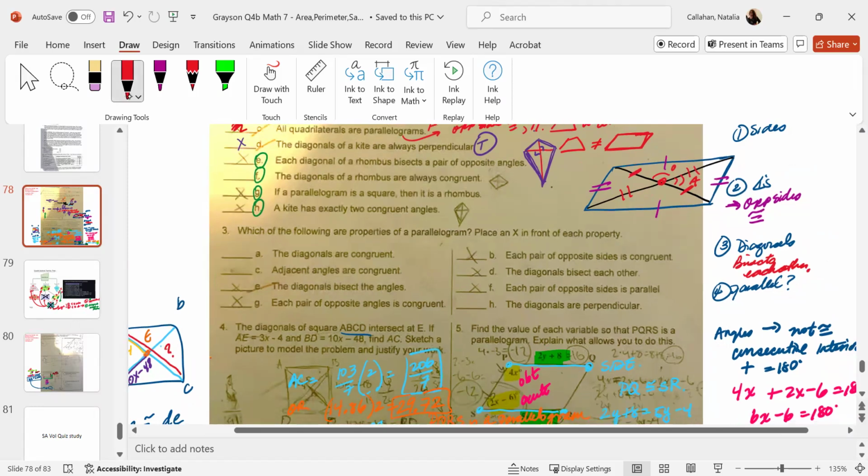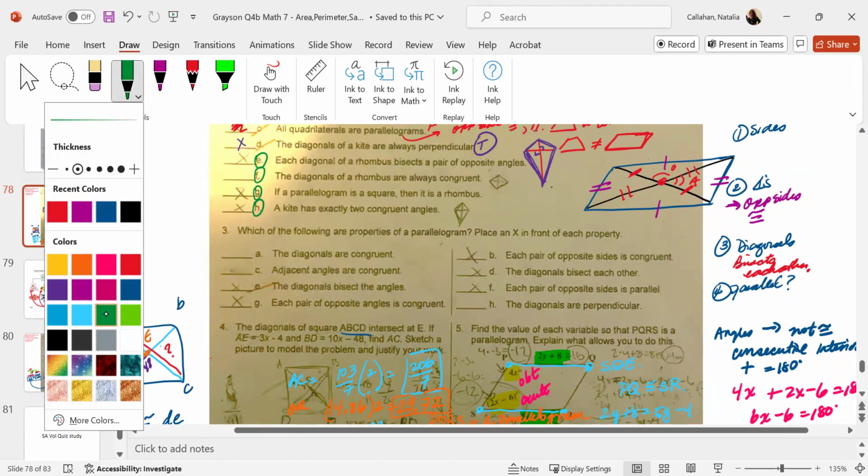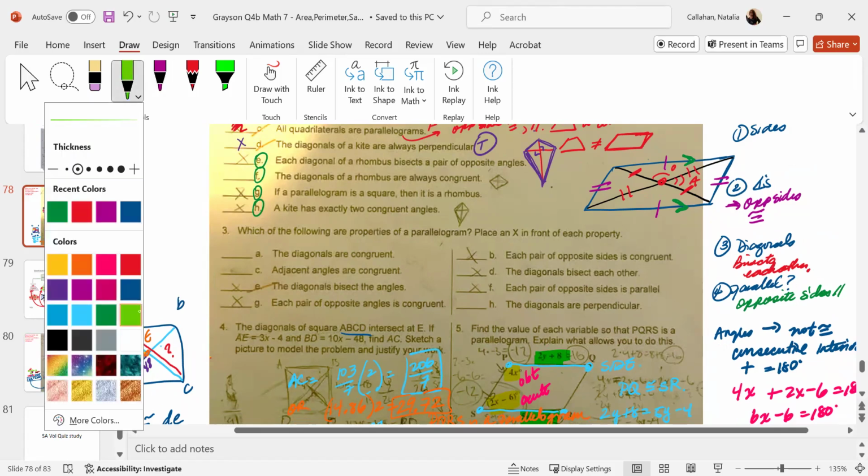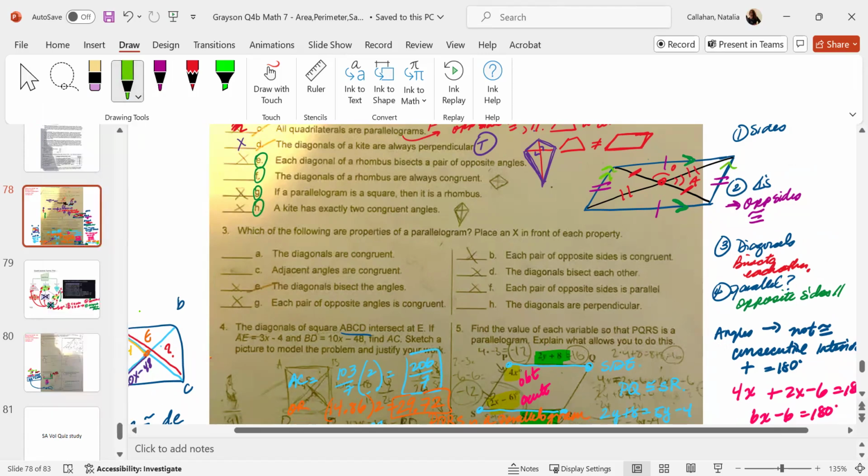What's parallel? What do you know about what is parallel? You see how this side right here is parallel to this side, like they're like train tracks? And this side is parallel to this side. The little arrow is what you do for something parallel. The little tick marks is when it's congruent.